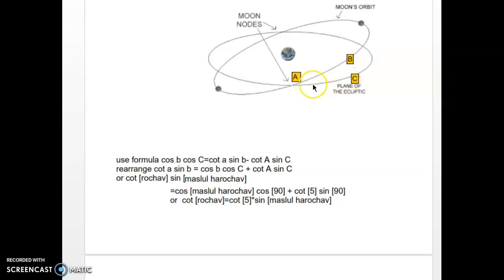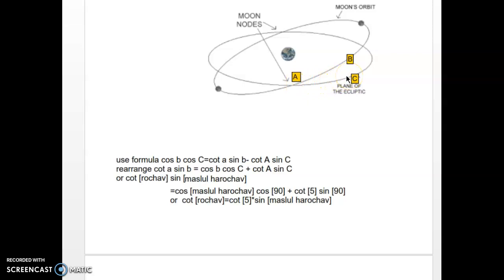It's not true, it goes above. So Maslul Roichav means this imaginary, average moon that is on the plane of the ecliptic. It's not 5 degrees above, it's just on the ecliptic. And we take that number, as Rambam explained, and subtract from that the Makom HaRosh, and that's called the Maslul Roichav. How much is the moon away from the node?